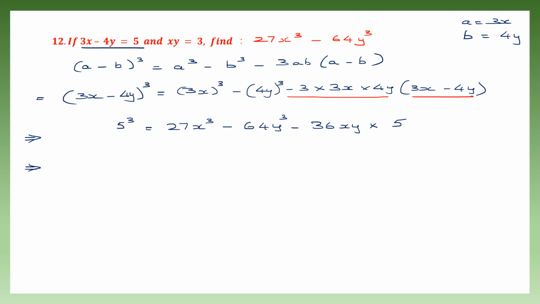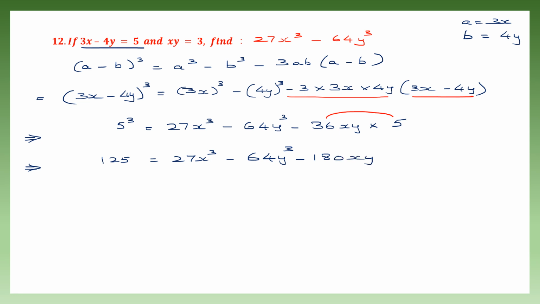So now let's simplify this further. 5 cubed is 5 into 5 into 5, which is 125. This is equal to 27x cubed minus 64y cubed. Now can you see? This is what we have been asked to find out. So let's continue with this. Now here this is minus, and we will multiply 36 into 5, which is 180xy.